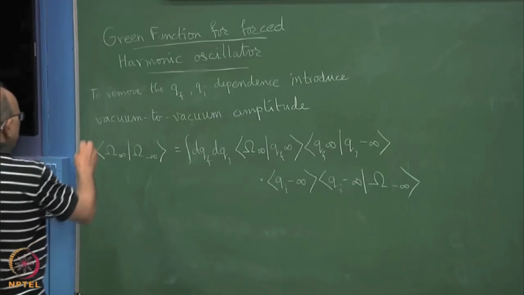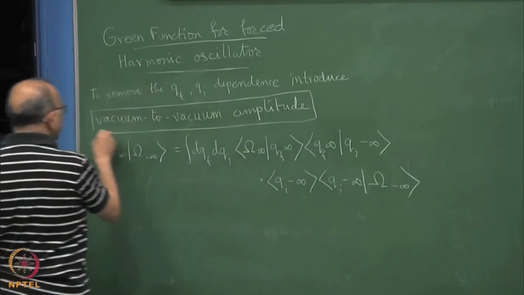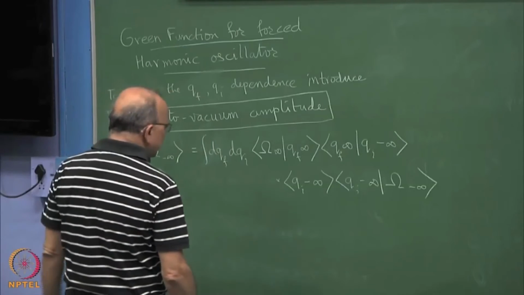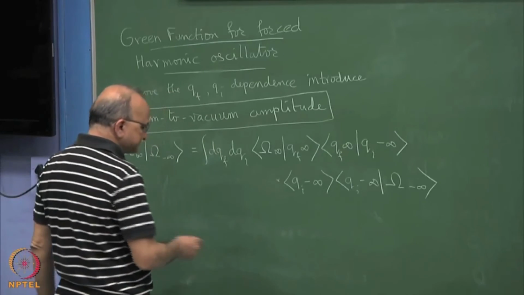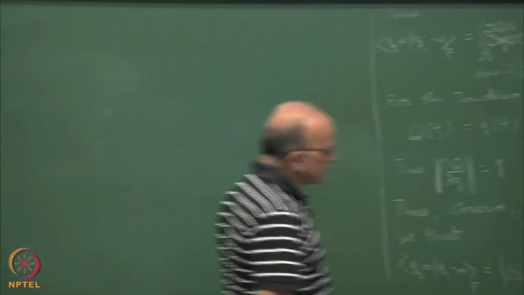This vacuum to vacuum amplitude is a very important concept. So we can show that this also becomes equal to a similar kind of thing, an overall thing without any j.